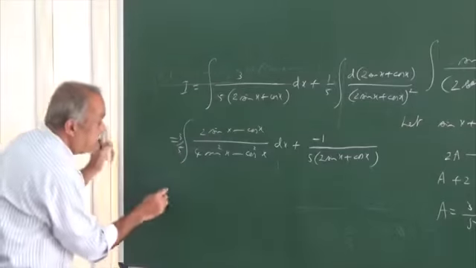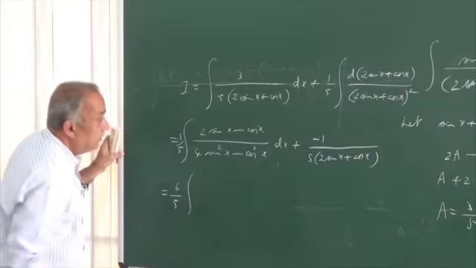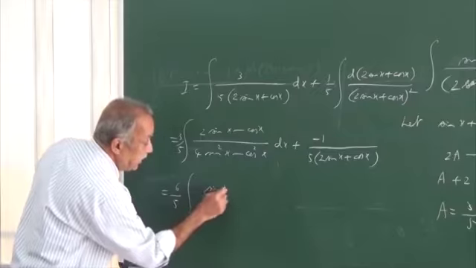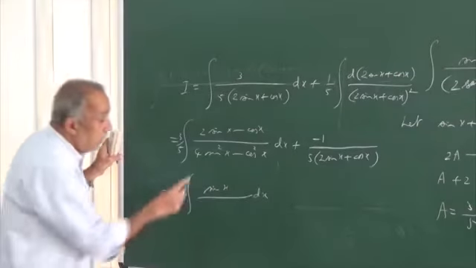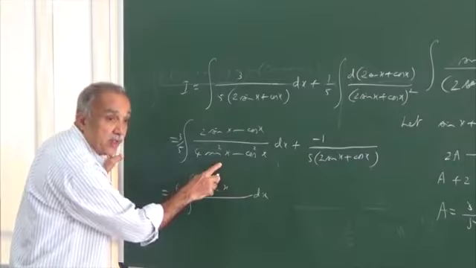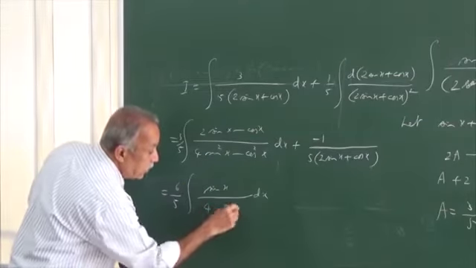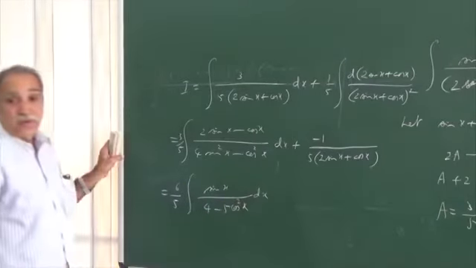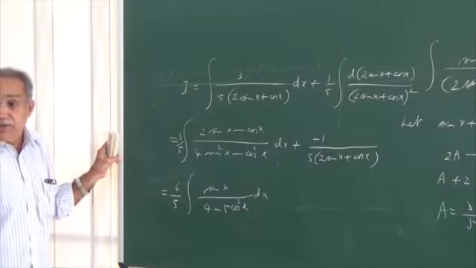Let me write the expressions. 6 by 5 integral sin x dx divided by 4 into 1 minus cos square x minus cos square x, which is 4 minus 5 cos square x. Okay.